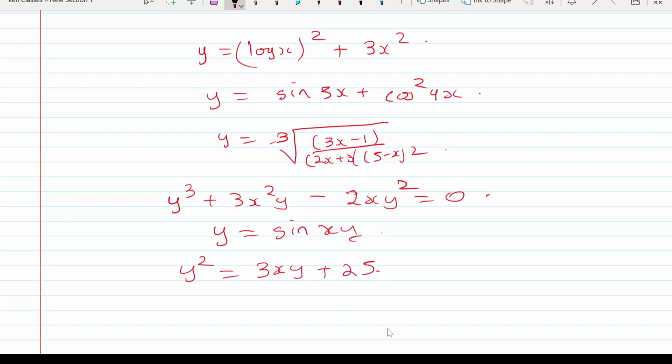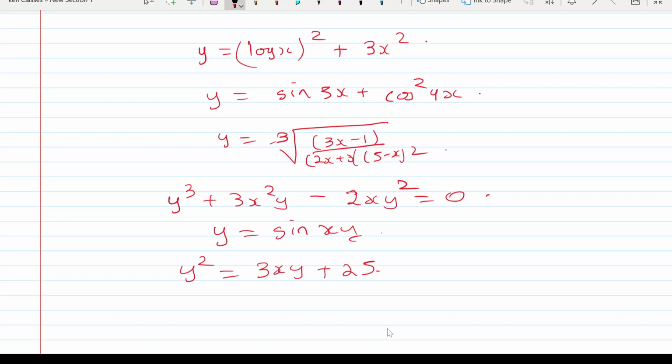All these equations I have written. Now, if you see the first three expressions, if I ask you what is y, you will be able to tell me it's (log x) the whole square plus 3x square, or sin 5x plus cos square 9x. You can answer what y is.